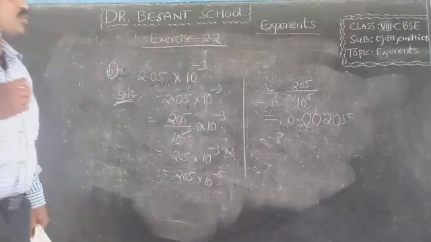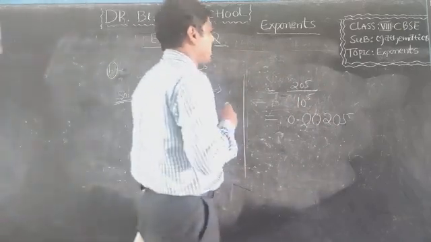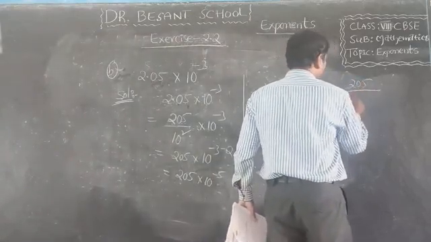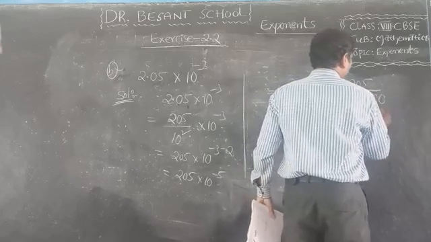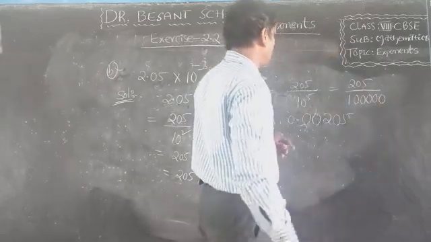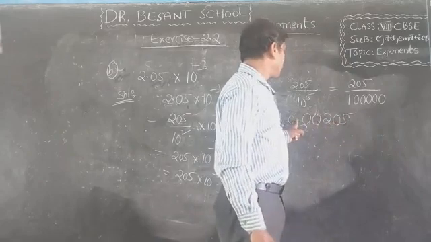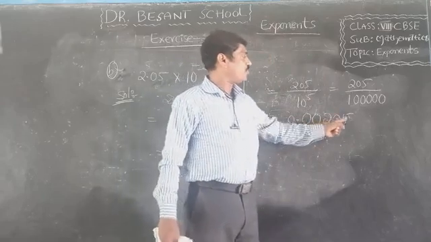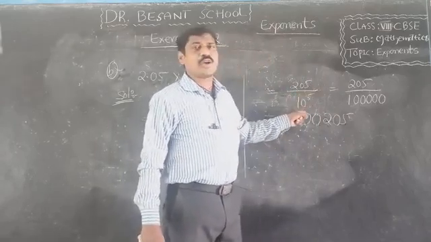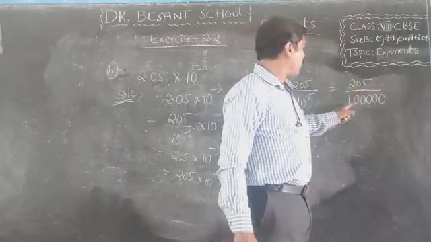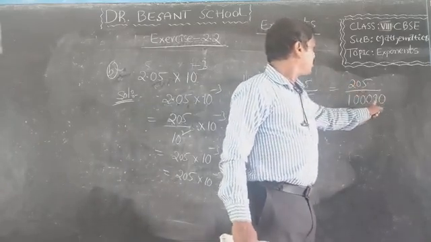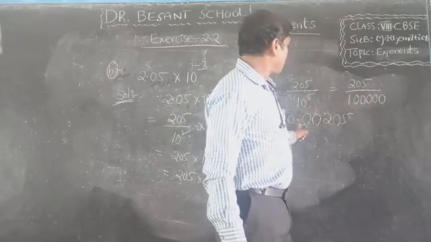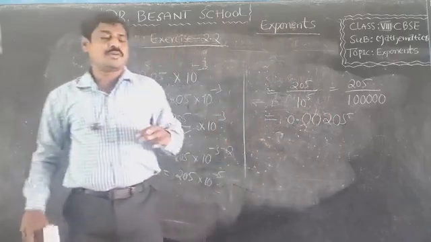So simply we can say that 205 by 10 power 5 means 5 zeros. 5 zeros means after decimal 00205. 205 by 10 to the power of 5, that is 205 by 1 lakh. So that means 0.00205.